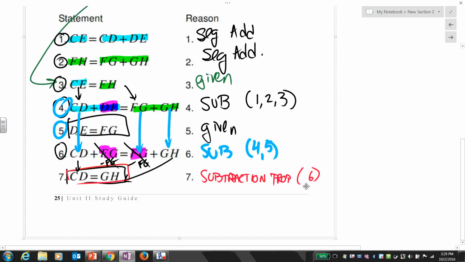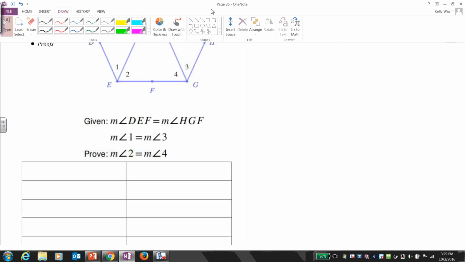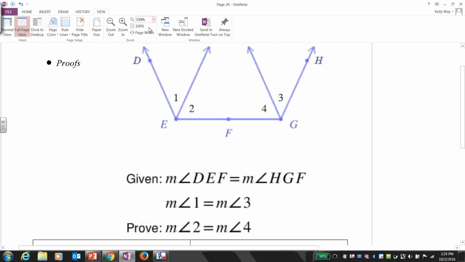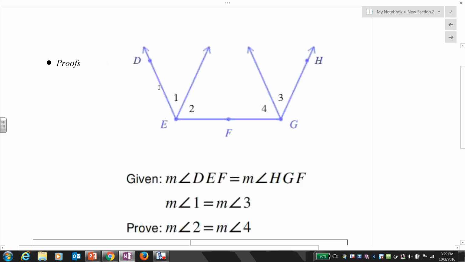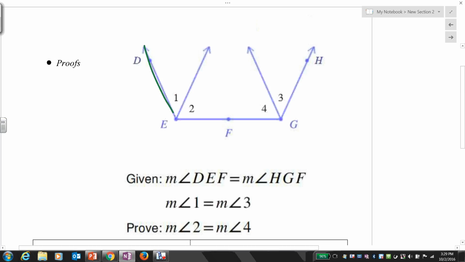Let's try another one. So we are told here that DEF, the angle, let's trace it out, is the same measure as HGF.